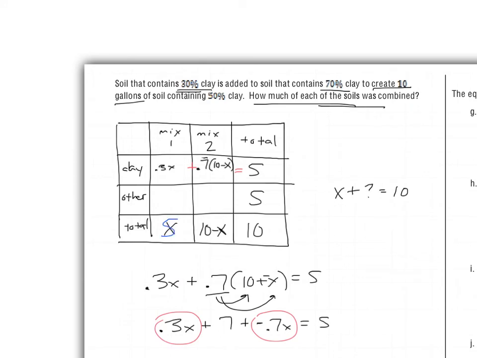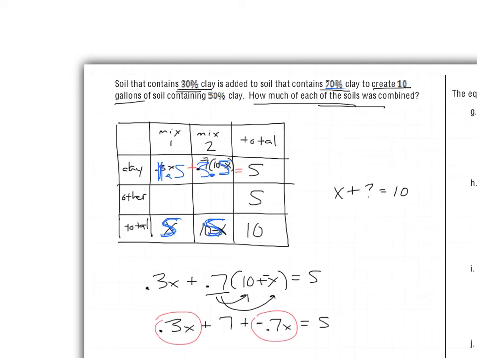So now that we know that there are 5 gallons of this, let's start filling this in. There are 5 gallons of this. That means if we have 10 gallons, there's 5 gallons of second mixture. We can go through and quickly check on this to make sure that everything adds up. So 5 times 0.3 is going to give me 1.5. 5 times 0.7 is going to give me 3.5.